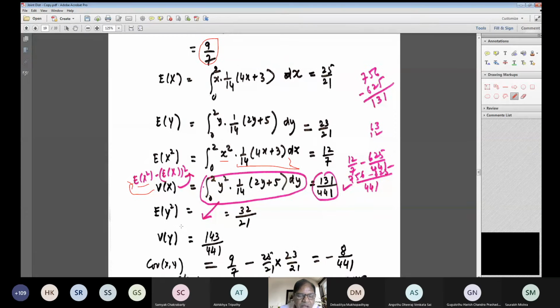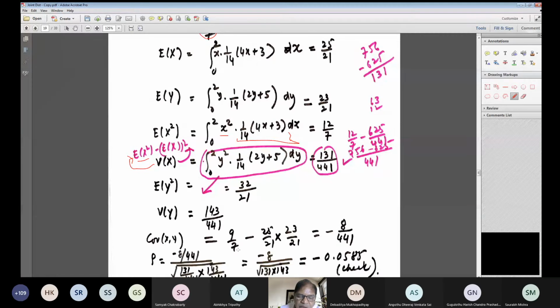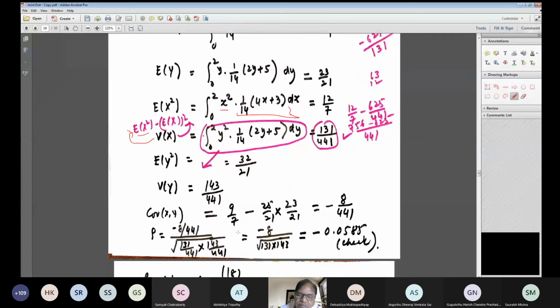Similarly, you can get E of y square and then variance of y. So covariance xy, you can calculate, which is coming minus 8/441, and ultimately you will get the correlation coefficient, which is coming minus 0.058.